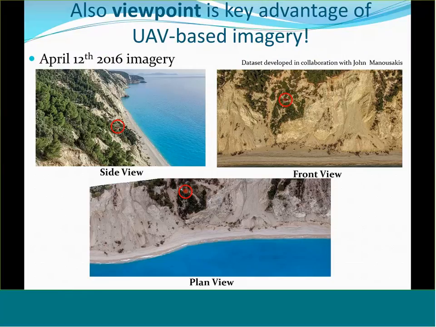That's something that is many times very difficult to do from the land, and also impossible to do with satellites, because from satellites you typically look from the top. And so I think this perspective can be really valuable in terms of understanding what is going on in this case with the landslides. Next slide.